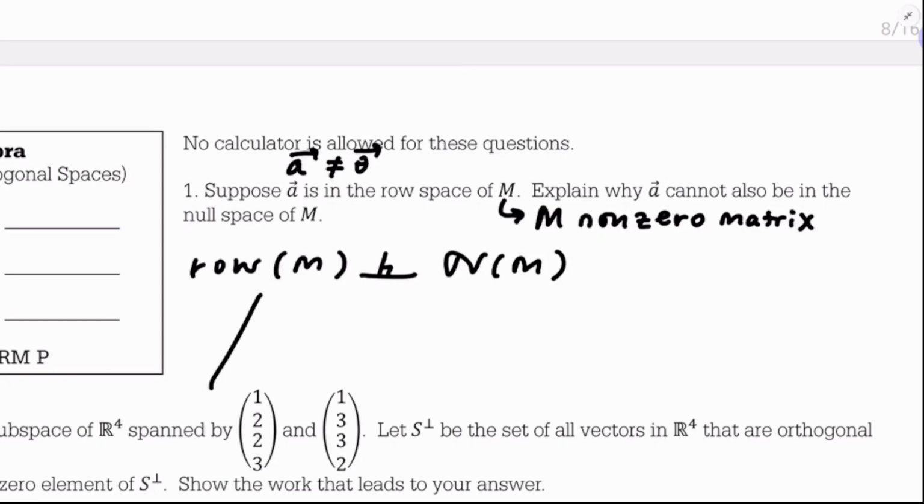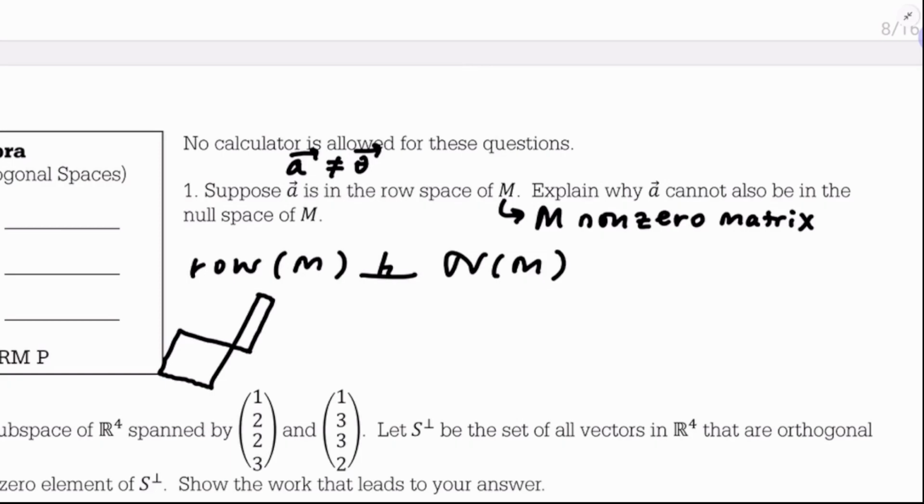Actually, in the big picture diagram, they can only intersect at the zero vector, right? Even if they're planes in a higher dimension, they can't have a non-zero vector shared between them. So it can't also be in the null space.